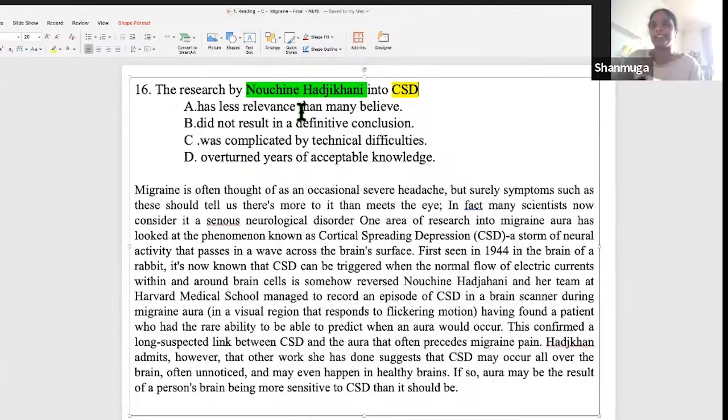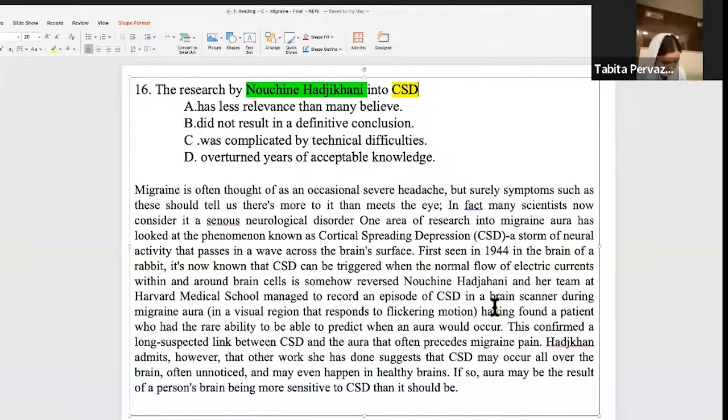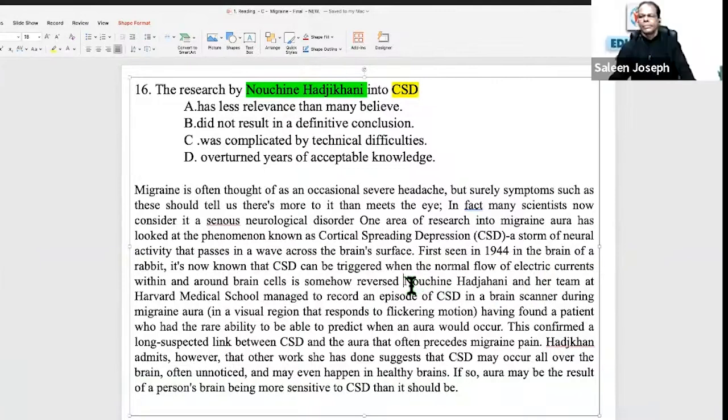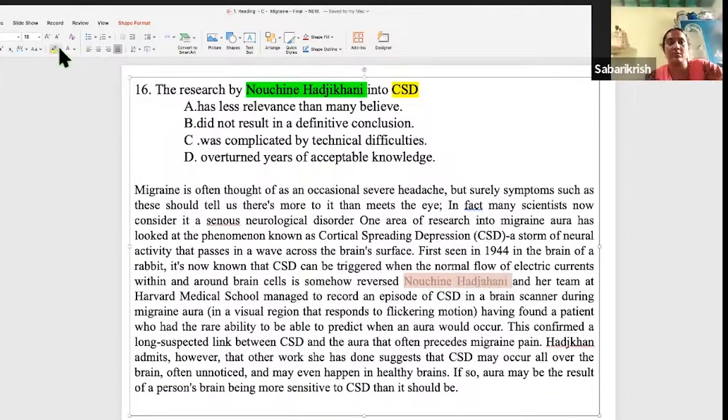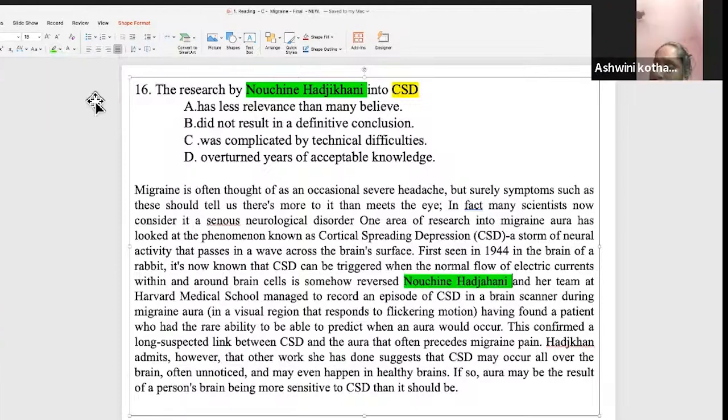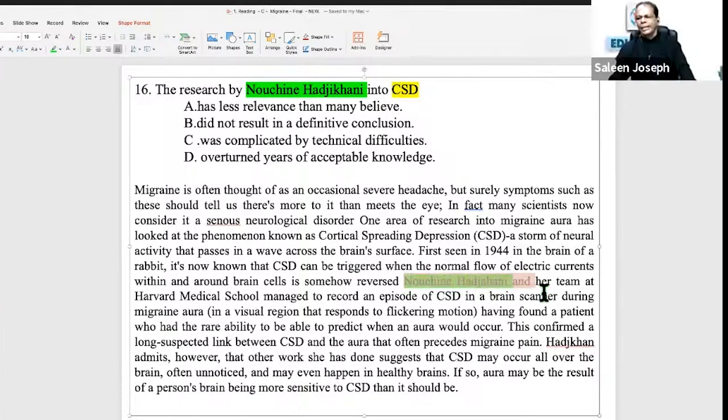Middle of the paragraph. Above, the sixth line. Seventh line. I will highlight it in red, saying danger. The question is about the research by Hajkani into CSD.